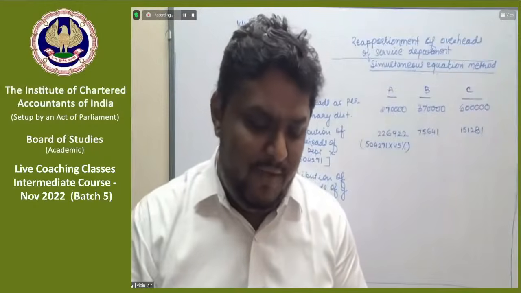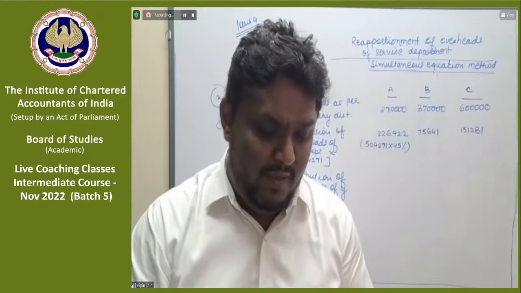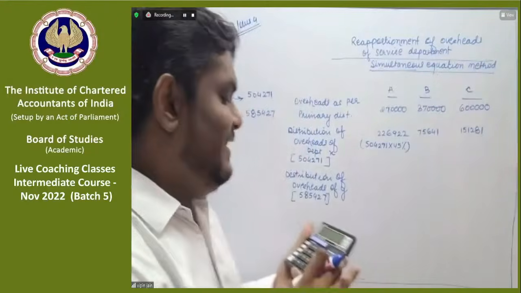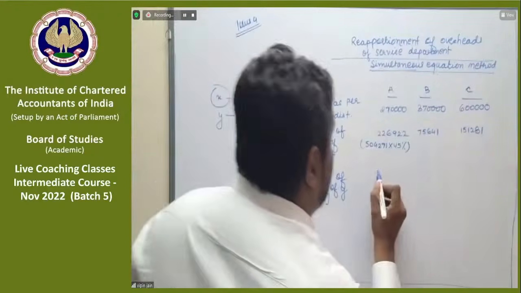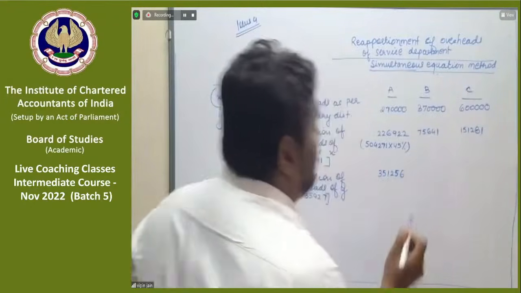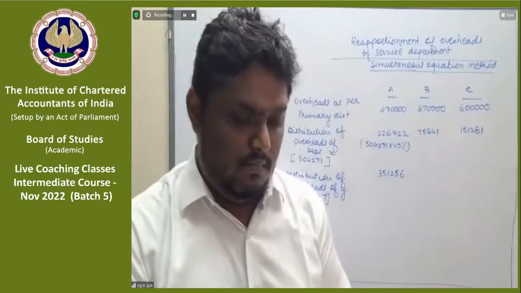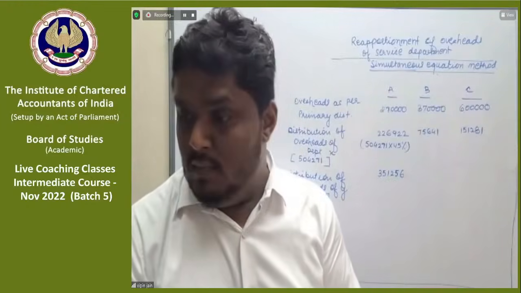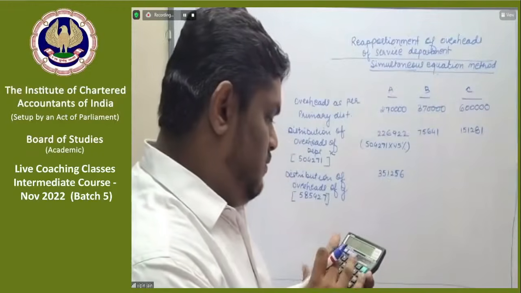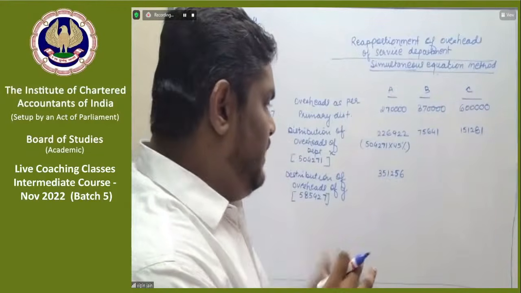So 585427 into 60%, this will be 351256. And next is 35%, that is 204899.